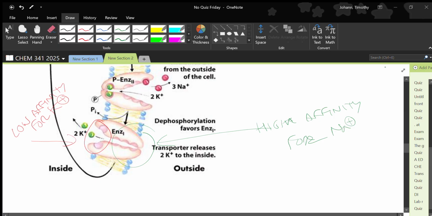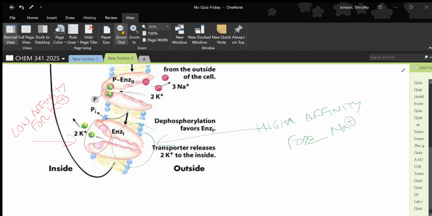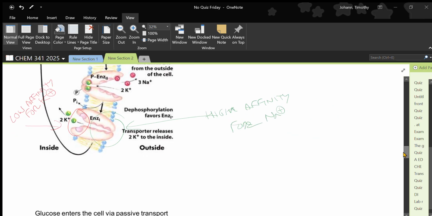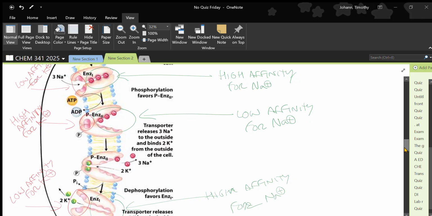Okay, so it's 25% of your resting energy. A lot of this is going on, so you figure it would have a big effect. How many sodiums do we push out? 3. How many potassiums did we push in? 2. What are the charges on those?